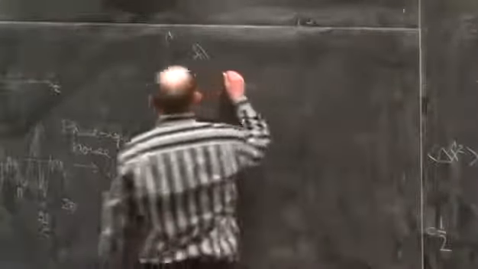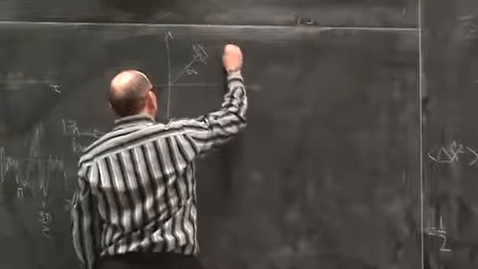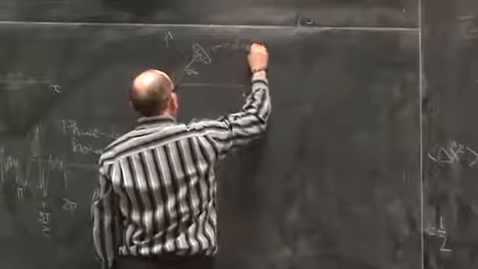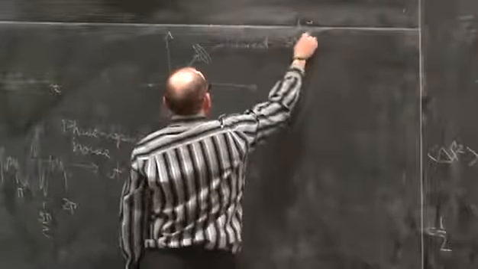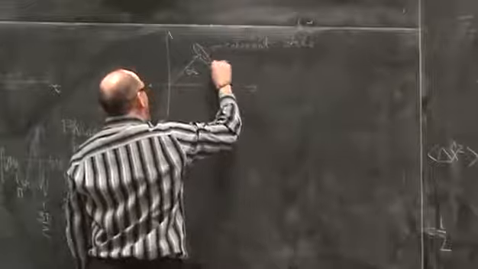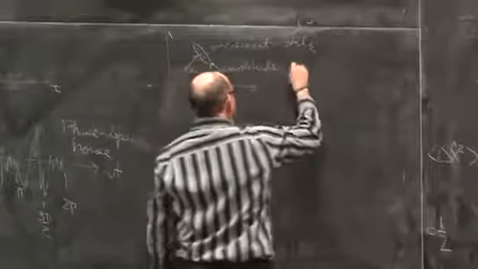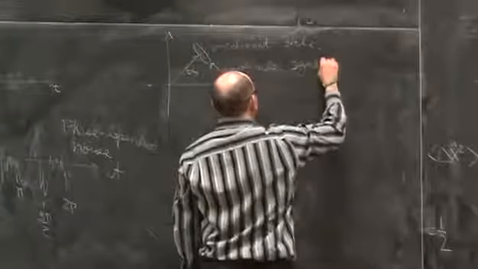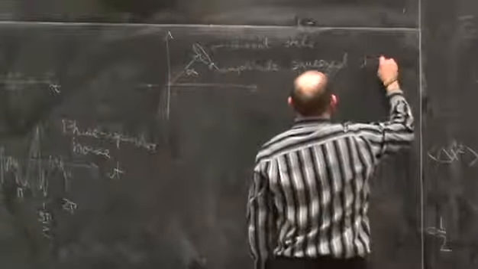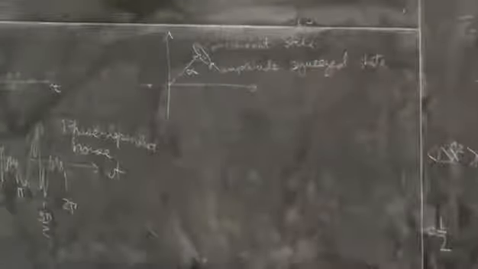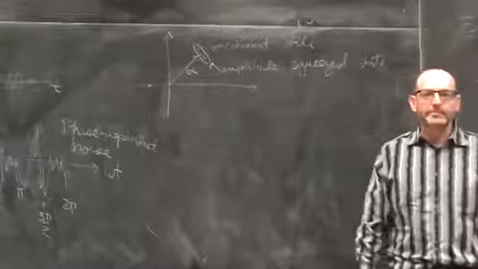Such a thing is called, in comparison to the coherent state, an amplitude squeezed state. The amplitude is squeezed. My uncertainty in the amplitude is less than it is for the coherent state.